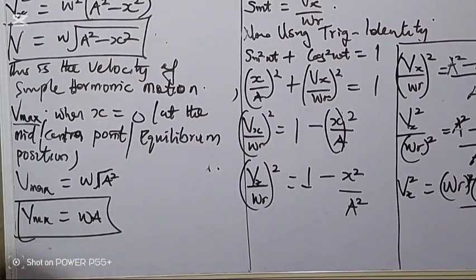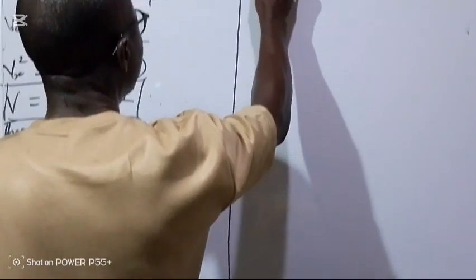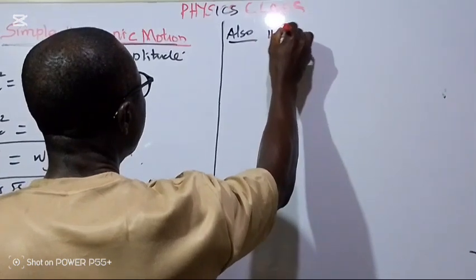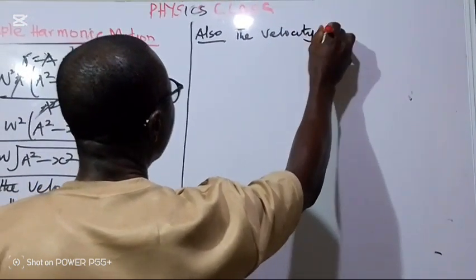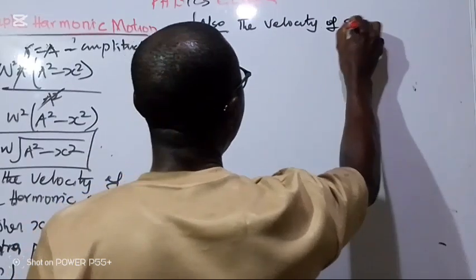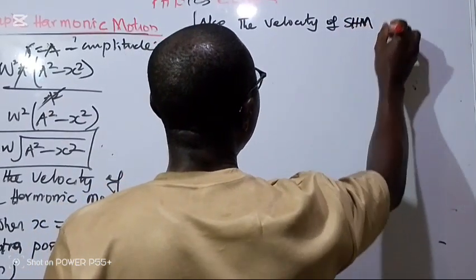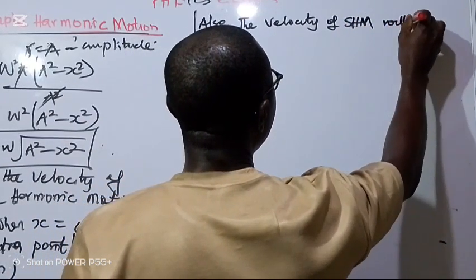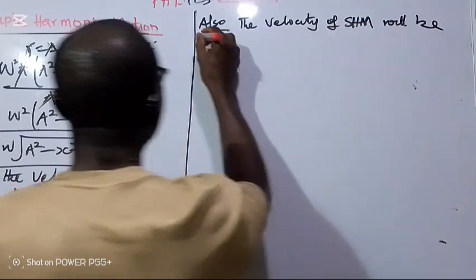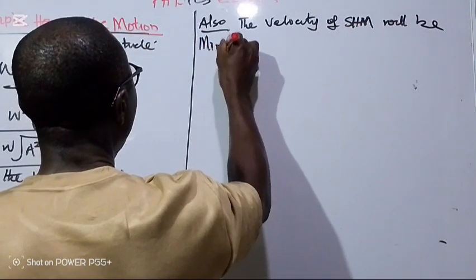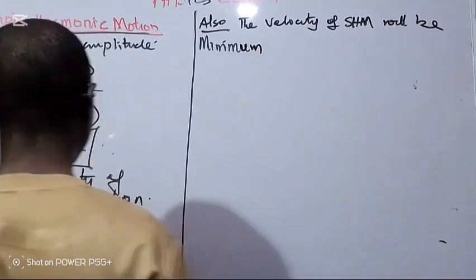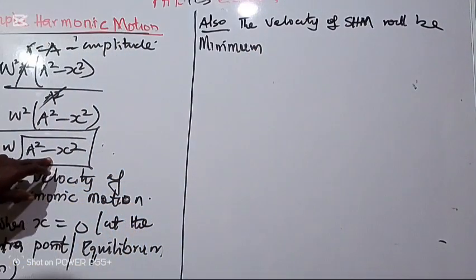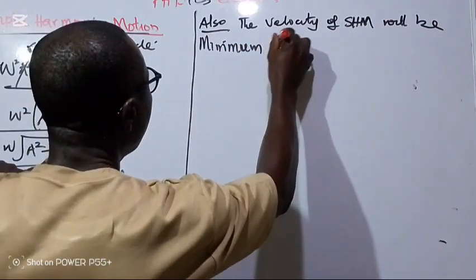The velocity of SHM, that is simple harmonic motion, will be minimum when A is equal to x.